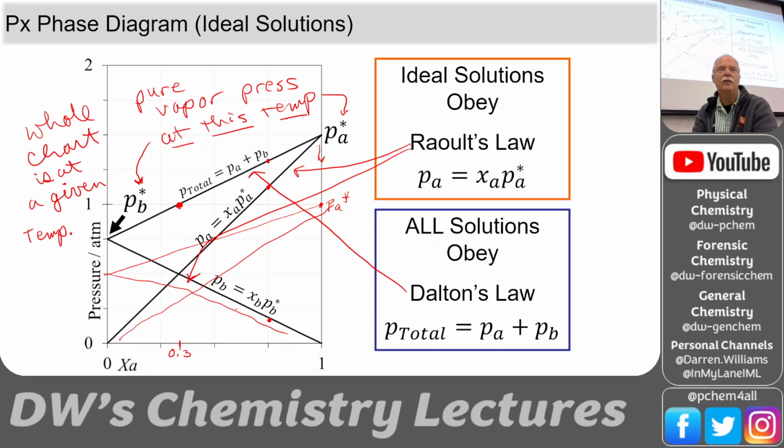Because A is the more volatile substance, we cool everything down until A is right at 1 atmosphere. If we warmed it up until B was right here, then we'd be at the boiling point of B, and A would be way up here. And so every one of those mixtures has a different boiling point.